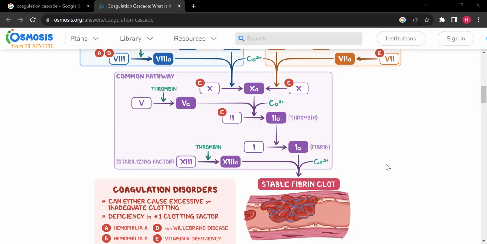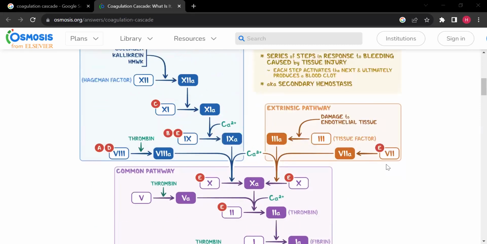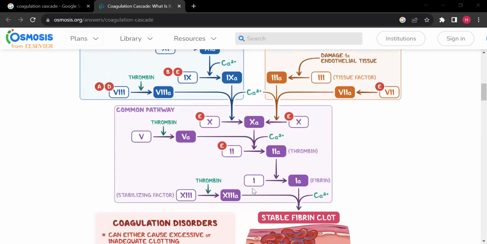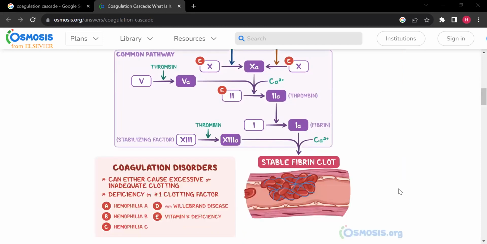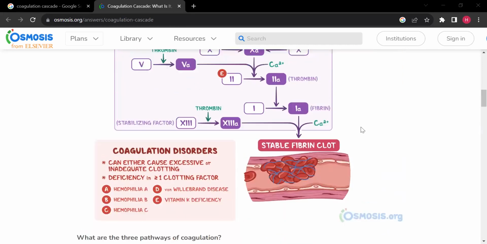And when we're looking at estrogen contraceptives, they usually increase some of these factors like fibrinogen, leading to blood clots, and they also decrease antithrombin 3. So yeah, when we're looking at the coagulation cascade, all this leads to the formation of this stable fibrin clot.